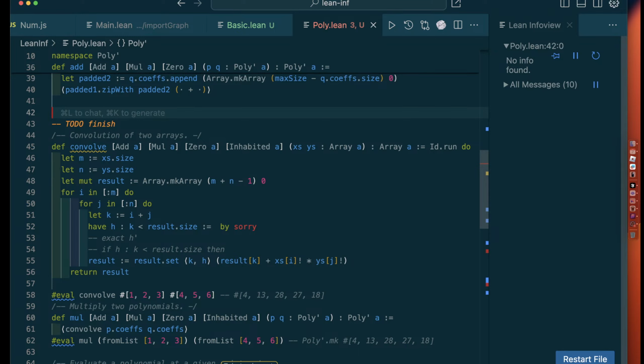Yeah, it's kind of hard. So I think we just simplify. We want to go well.